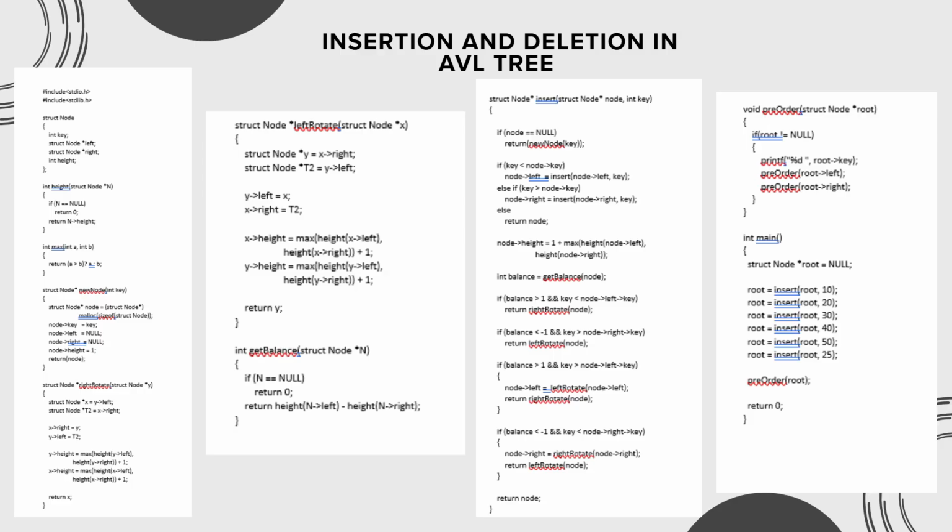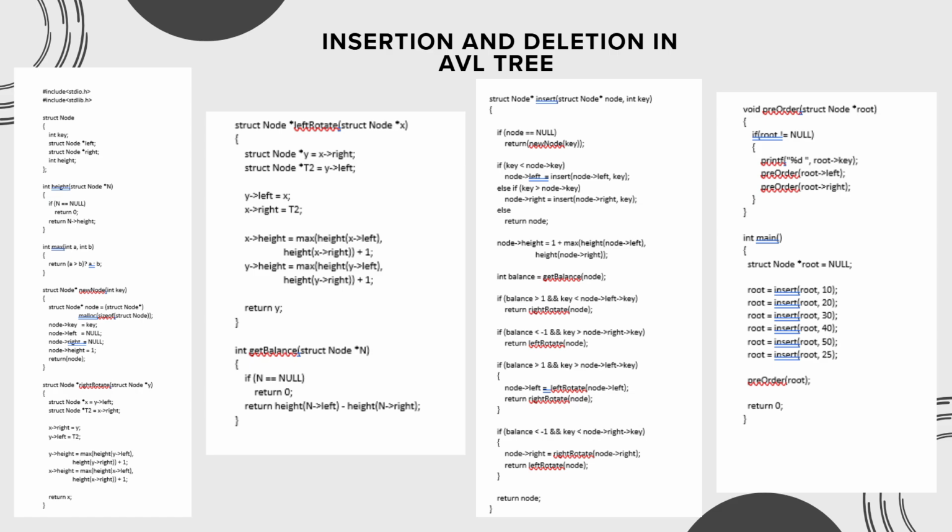If yes, it creates new node. If key is less than the current node, we go left, and if key is greater than the current node, we go right.